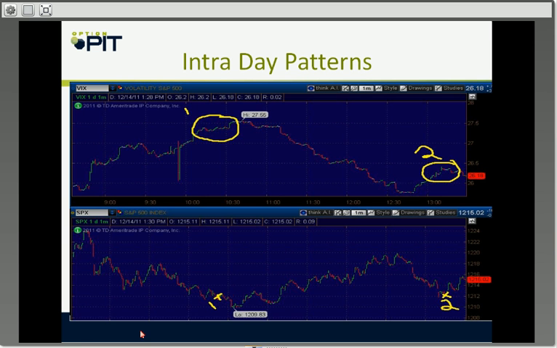Now, let's take a look at number 2. All right, what do you notice here? Well, at point 2 and point 1, the S&P is actually at the exact same level. Where's the VIX relative to the S&P at this level? About a point lower.